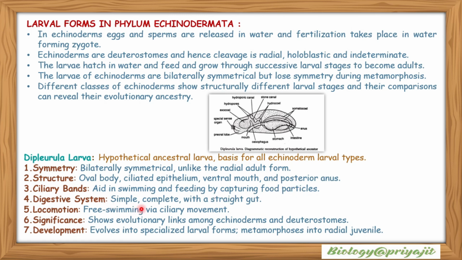Digestive system: simple and complete, with a straight gut. Locomotion: free swimming via ciliary movement. Significance: it shows evolutionary links among echinoderms and other deuterostomes. Development: the larval form of echinoderms evolves into specialized larval forms and metamorphoses into a radial juvenile.